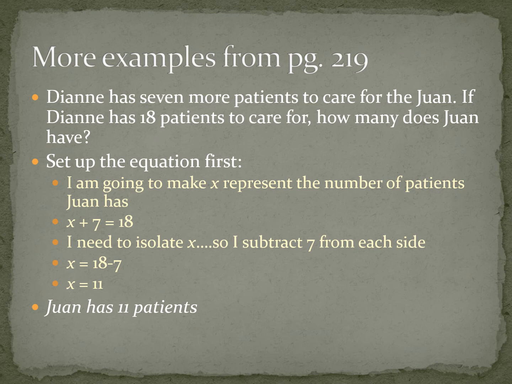Okay, so that's my equation. Then I need to move on and isolate my X. I have to treat both sides the same. So to isolate my X, I'm going to subtract 7 from the left side, and I have to do the same thing to the right side. So that leaves Juan having 11 patients.